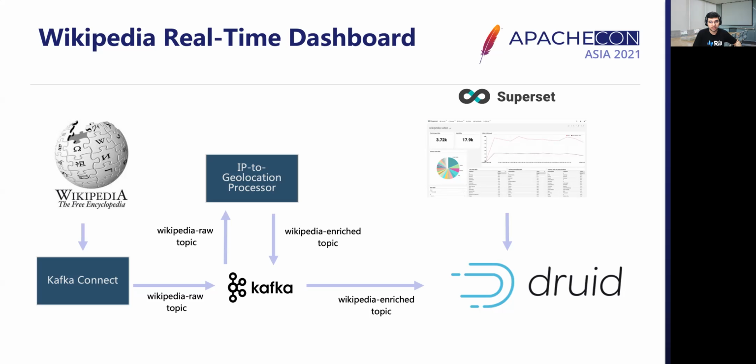The enriched events are then saved to a Wikipedia enriched topic. Apache Druid's native Kafka indexing capabilities are used to stream the enriched topic directly to Apache Druid. At last, Apache Superset is used on top of Apache Druid to create our final dashboard.